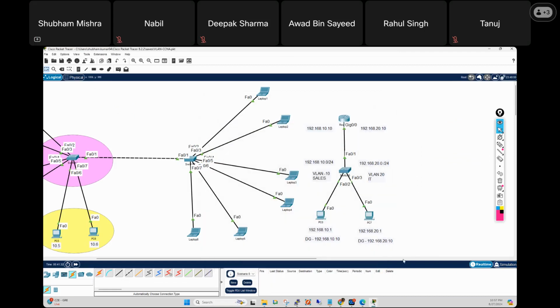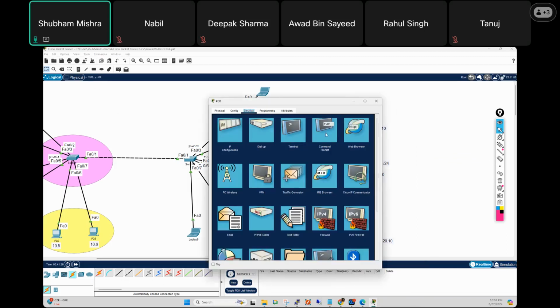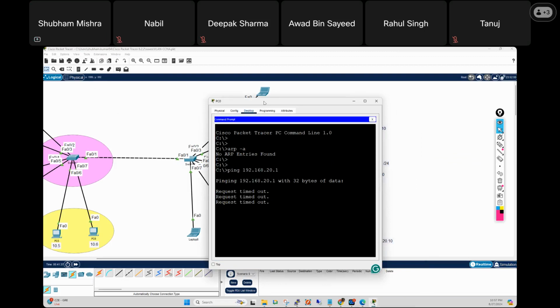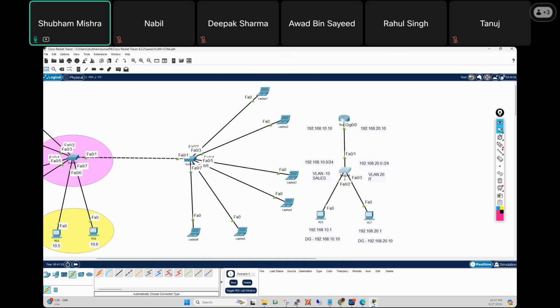No problem, let me finish this first. You sent how many packets? 4, received 0. It means 100% loss. Now come to the switch.